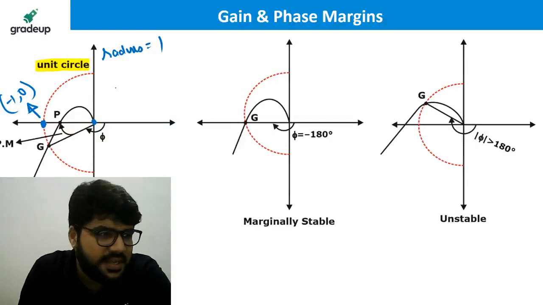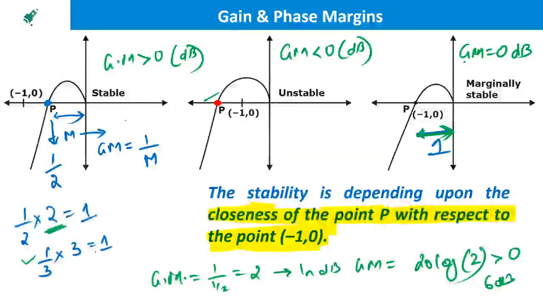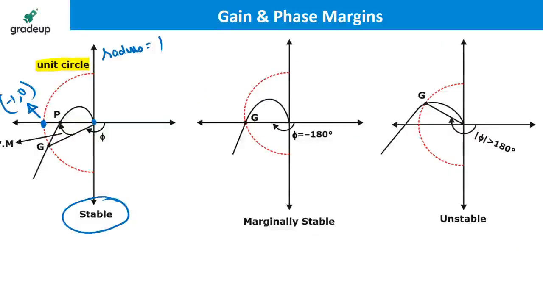So this is a stable picture. As you have learned in the previous analysis, if point P is before -1, 0, it is stable. If it is after -1, 0, unstable, and if it is exactly passing through this point, then it is marginally stable. So here I have taken the point P before -1, 0. That is why I am talking about this as a stable system.